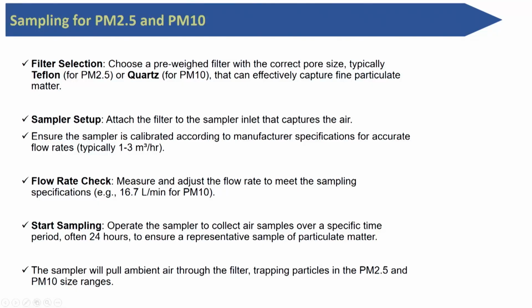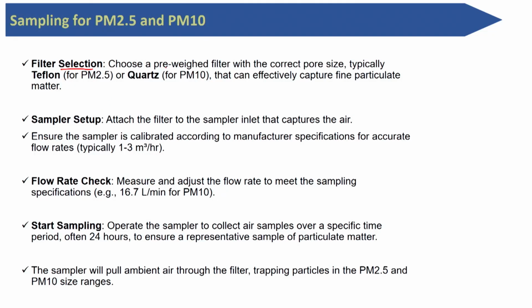Okay, so what is the strategy and how do you do it? Usually for PM2.5 and PM10, and if you want to measure metals and other chemicals, we prefer filtration methods, like a high volume sampler or low volume sampler. Based on that, you have to select which filters you are going to use.